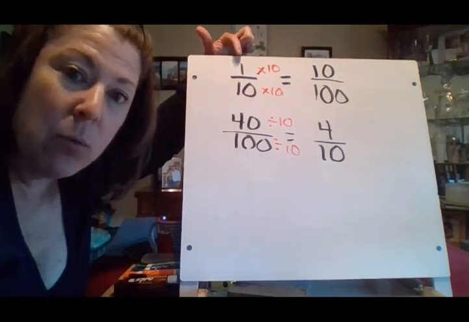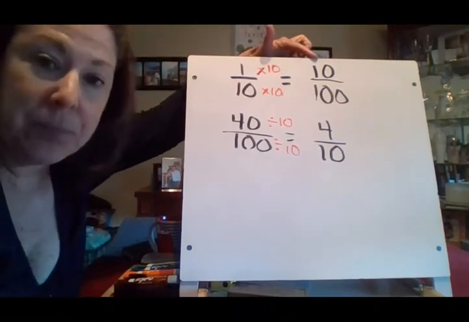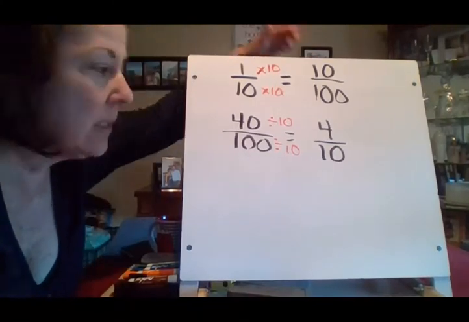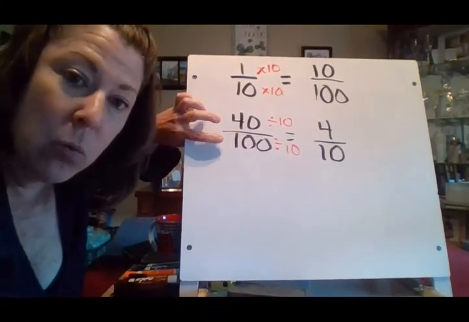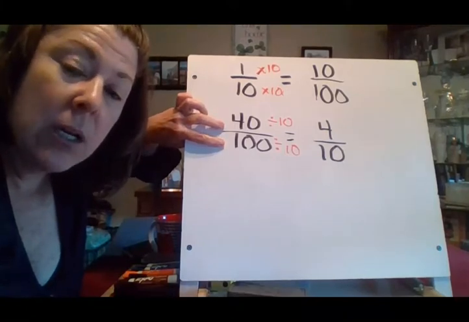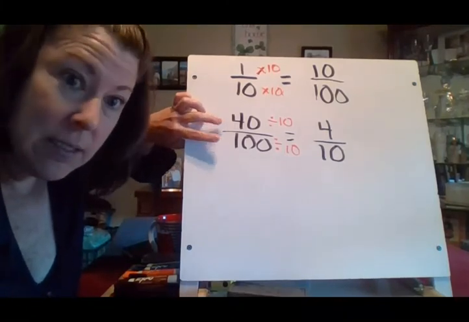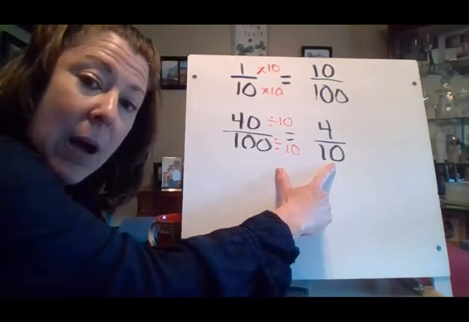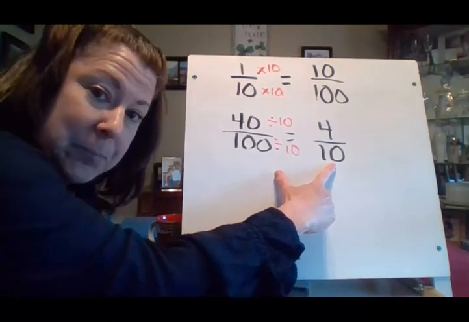In this example, we went from a bigger piece to smaller pieces, taking up the same amount of space. In this example, we went from smaller pieces to bigger pieces, but taking up the same amount of space.